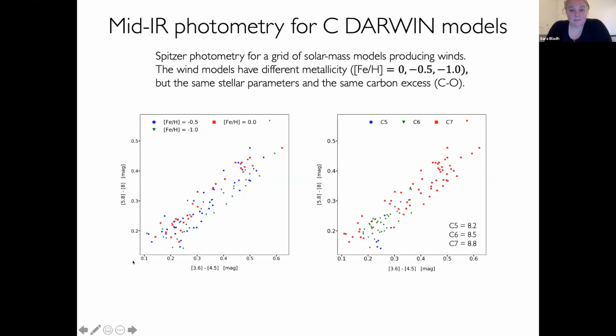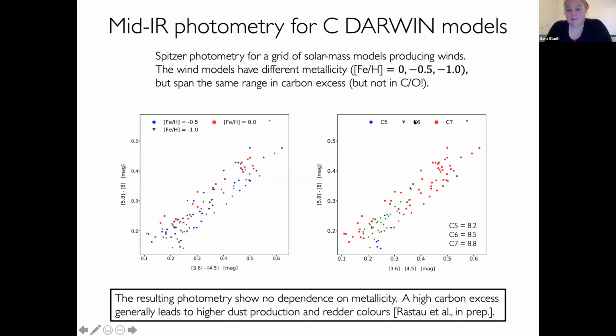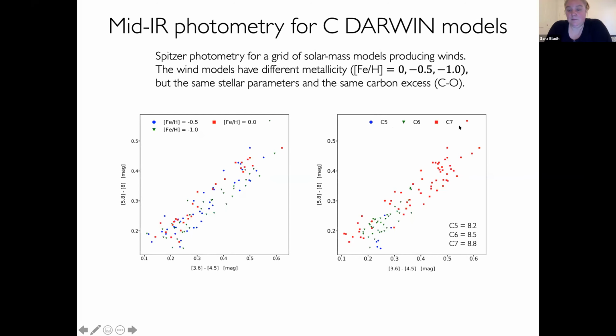And they also have the same parameters, but different carbon excess. So C5, C6, C7 is our notation for different carbon excesses. Here you see them. But so you have 3.6 minus 4.5, and then 5.8 minus 8.